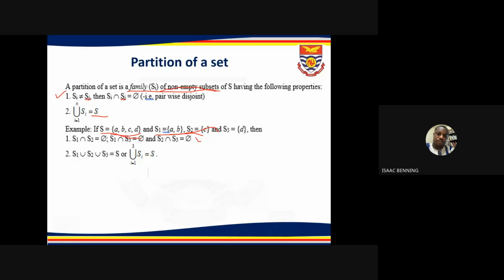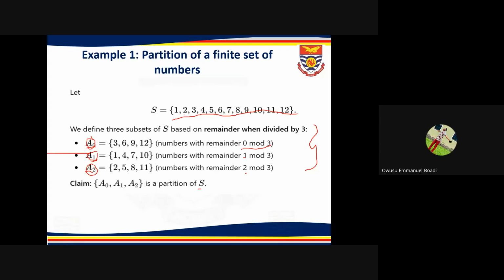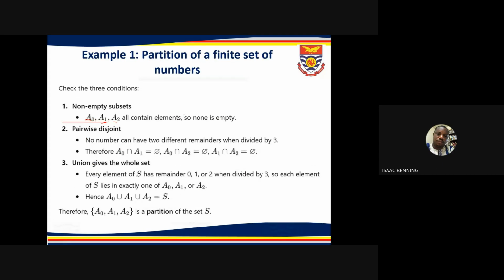So in the first place, it should be non-empty subsets. Two, it should be disjoint. And three, the union should give back the original set. So when we find the intersection, the pairwise sets are disjoint, meaning they don't have intersection. Then when we find the union, we get back the original set. Therefore, we can claim that sets A0, A1, A2 are a partition of the set S.